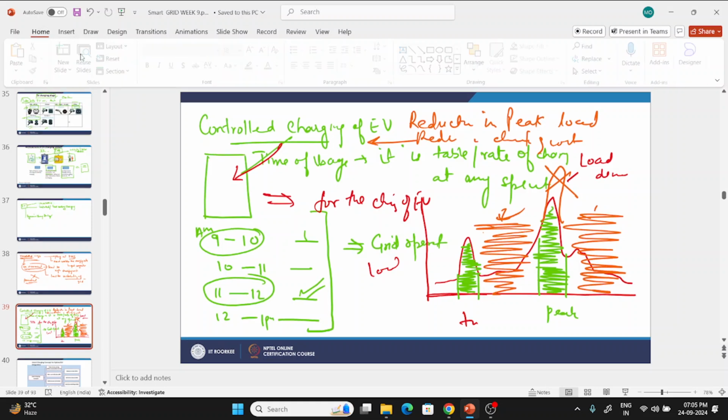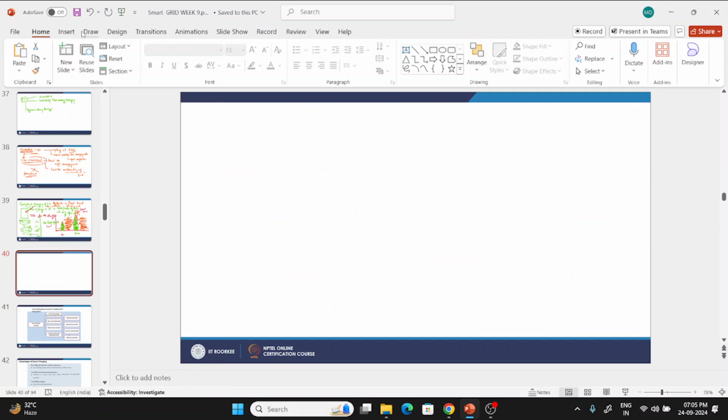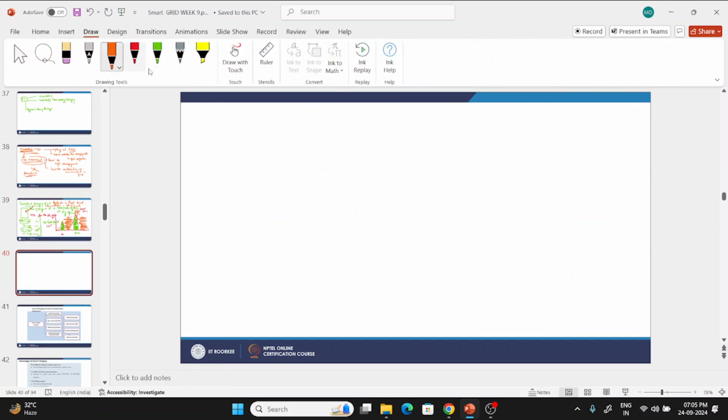Next comes the dynamic charging. Now what is this?